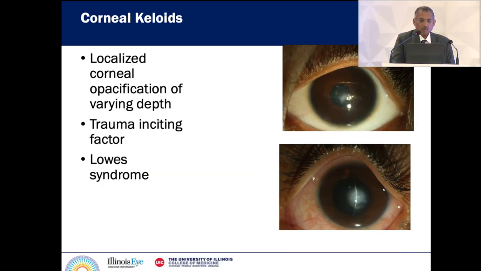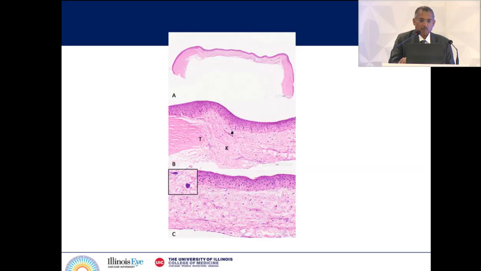So I think Murli is going to talk a little bit more about corneal keloids. I just wanted to make a few points here. I've looked at several specimens of corneal keloids in Chicago and also with Murli, and there are some interesting clinical points that can be made.